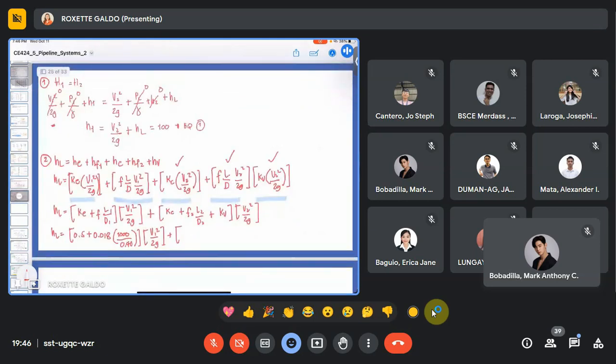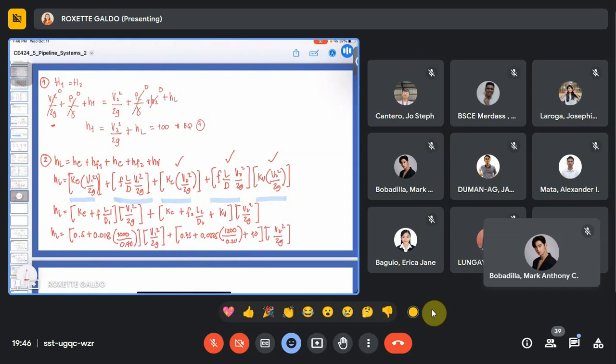So let us substitute the values. 0.35 for KC plus F2 is 0.0225. Length of pipe 2 is 1,200. Diameter of pipe 2 is 0.2. Plus KV, which is 10, times V2 squared over 2G.